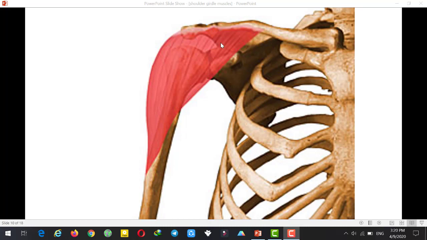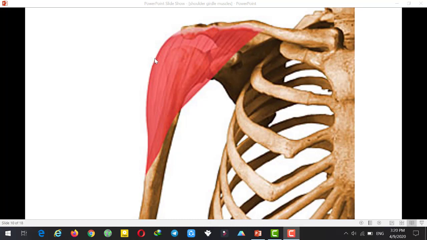Action. Anterior fibers flex the arm. Middle fibers, abduction of the arm till 90 degrees. And posterior fibers, extension.